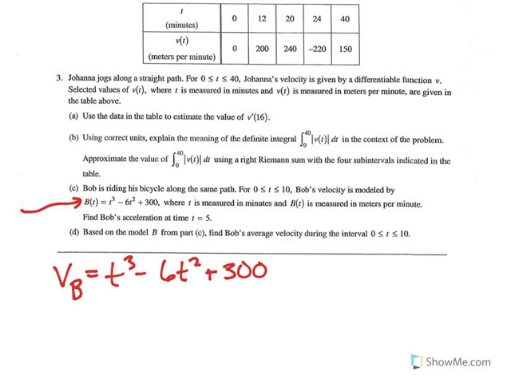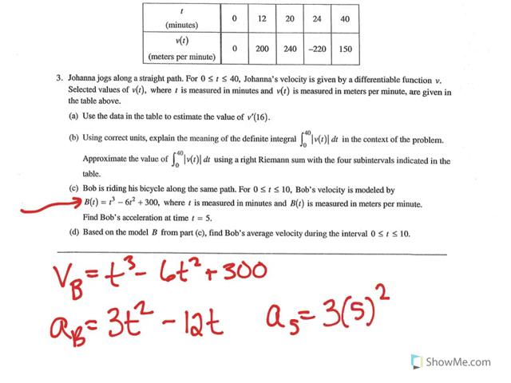Okay, so from here I can find Bob's acceleration, which would be a_B(t) equals 3t squared minus 12t. And to find his acceleration at time t equals 5, a_B(5) equals 3 times 5 squared minus 12 times 5. Want to leave it like that? Go for it. Does it ask me for units of measure?